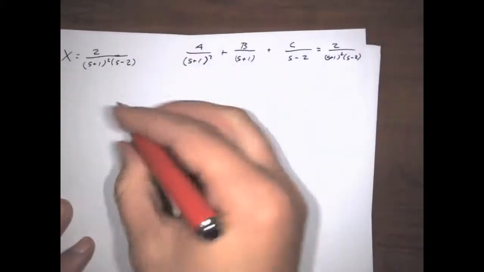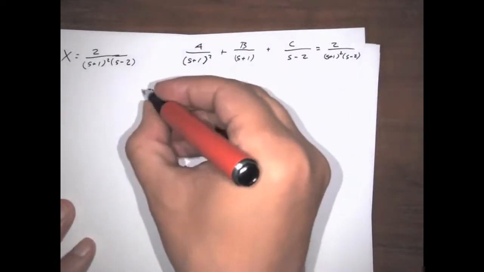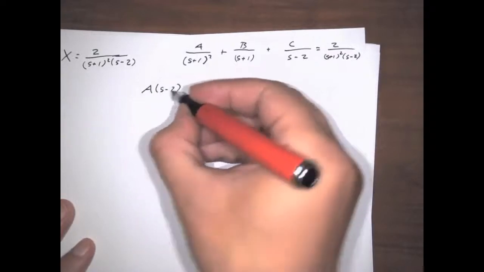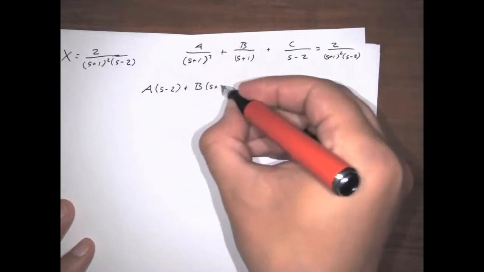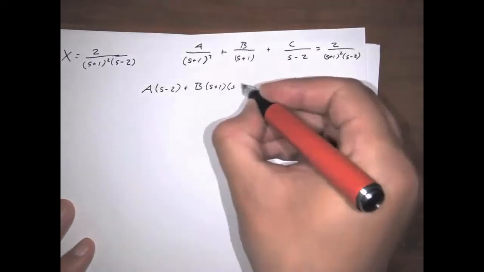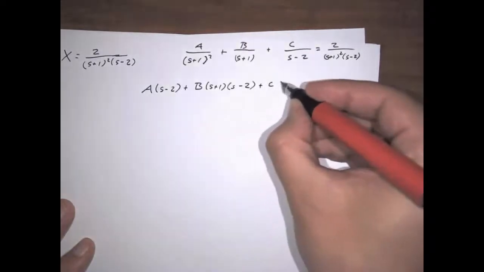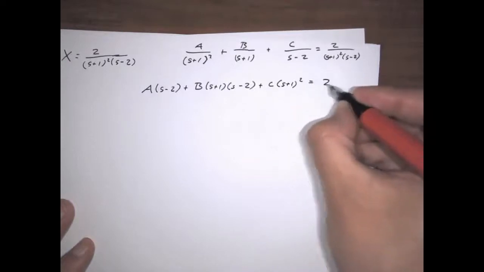And so what that means is, if we multiply by a common denominator, we're going to have A times s minus 2 plus B times s plus 1 times s minus 2 plus C times s plus 1 squared is going to equal just 2.